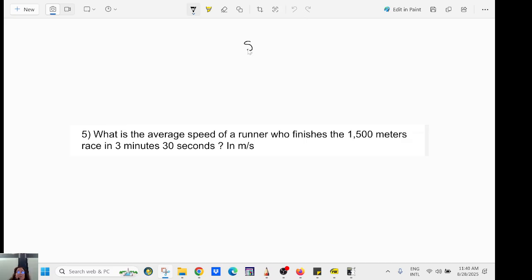So average speed, I'm going to put an S with a bar. That will be the average speed, the distance divided by the time.